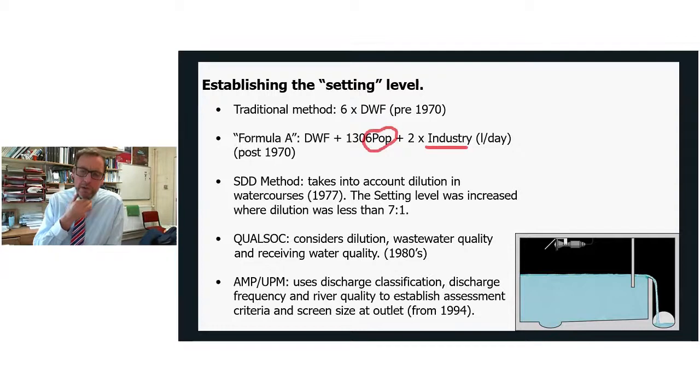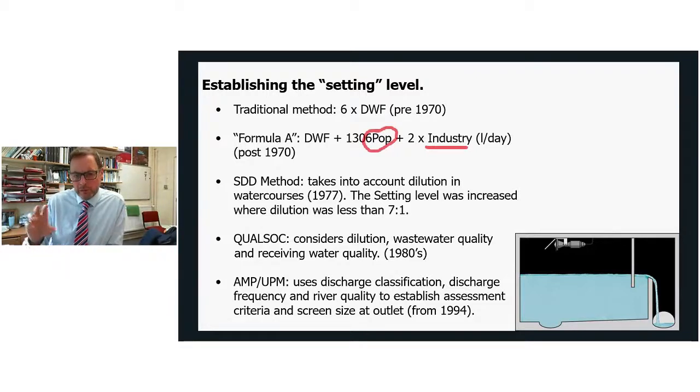Qualstock came along in the 1980s, and what it did was it also looked at the quality of the watercourse. So if you were discharging to a river which was already highly polluted because of industrial discharges and all sorts of other things, then perhaps the SDD method was adequate. But if it was a really sensitive watercourse with lots of ecology and biodiversity in it, then you had to really think quite carefully.